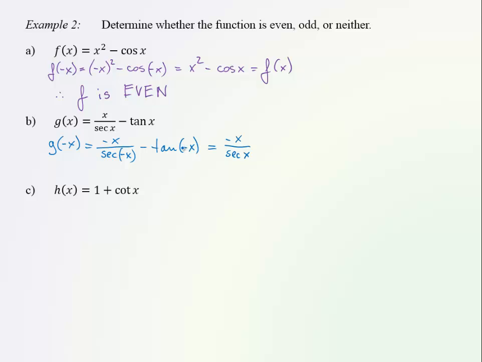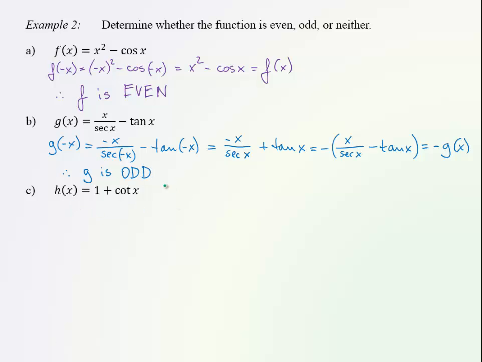Tangent is odd, so I can pull the minus outside, and it will make it plus tangent of x. How does this relate to the original function g of x? Well, it's enough to pull the minus outside of the bracket to see that the inside is exactly our g of x. So we really have negative g of x. That tells us that the function g is odd.